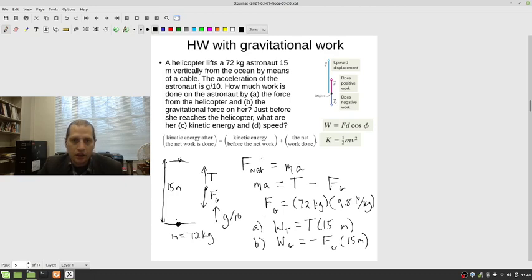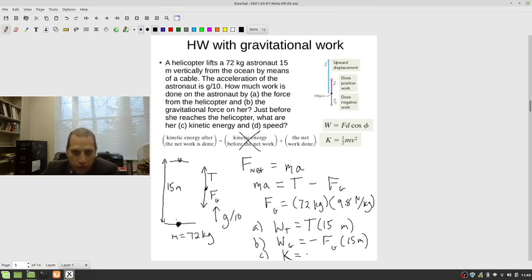Then part C asks, just before she reaches the helicopter, what are her kinetic energy and speed? Well, to find the kinetic energy, I would recommend saying that the kinetic energy is going to equal the amount of work that's been put in. Because here she has 0 kinetic energy, so this is 0. The kinetic energy after all that work is done would be K equals the net work done. So that's going to be basically the sum of these two.